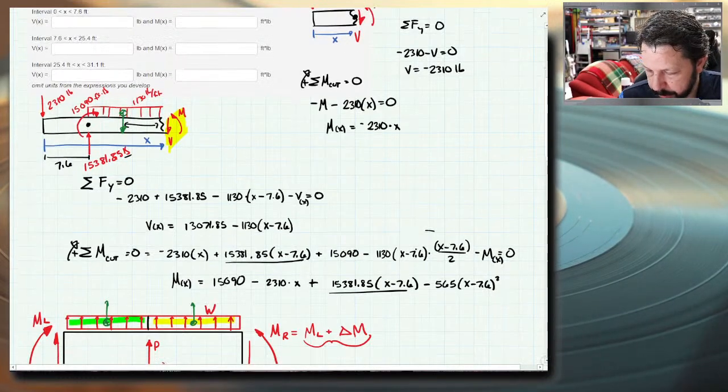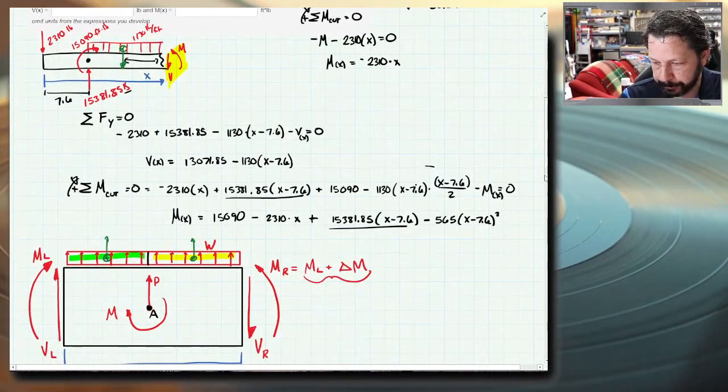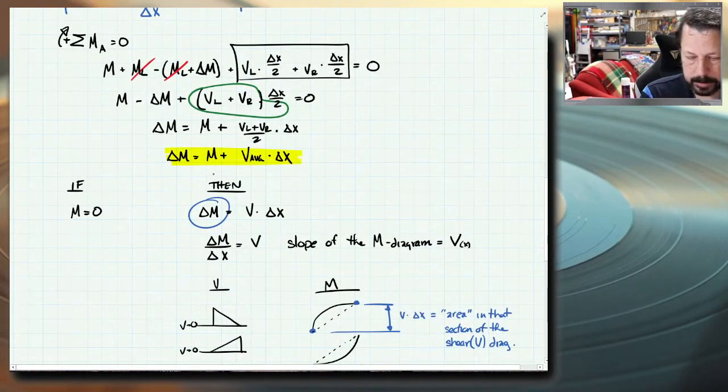Then our equation, delta x goes to 0. Where's our equation? Here it is.